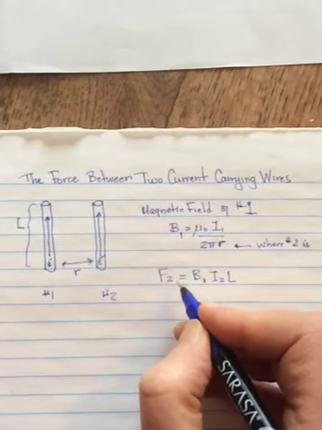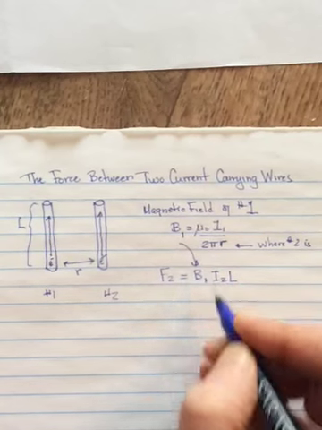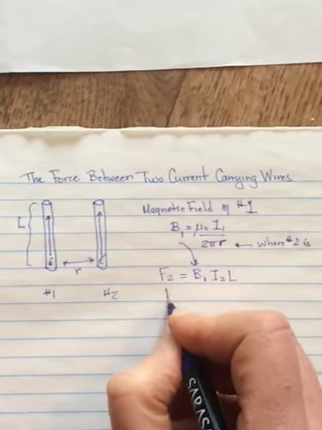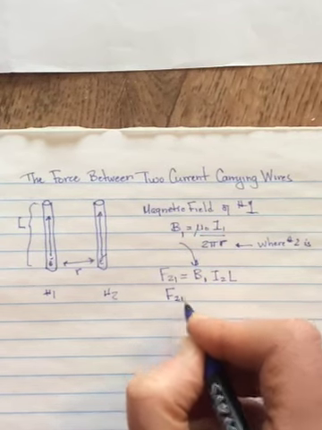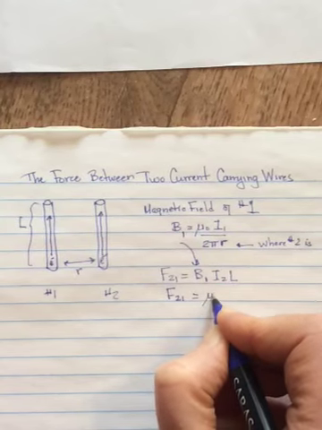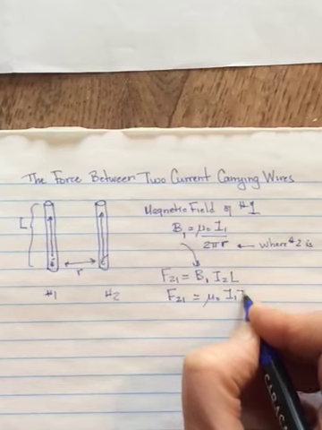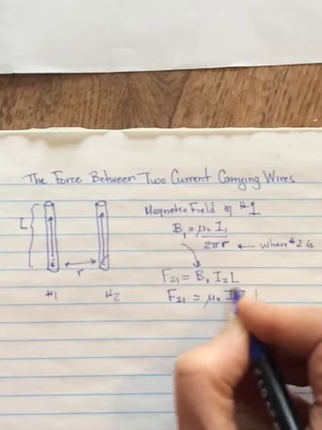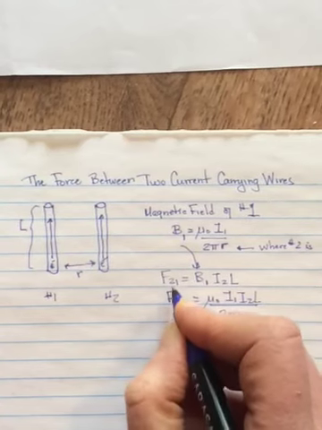So if we substitute B in here, we can get an expression for the force on the second wire from the first one. So we can call it 2-1 if you want. So it would be mu O I1 and then I2 L from here, and it's all going to be over 2 pi r.